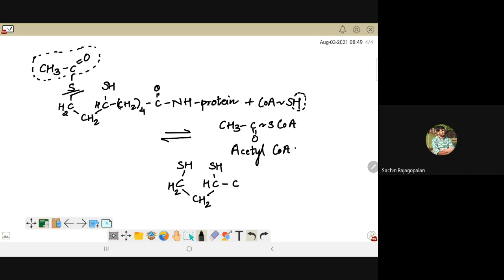Because earlier, if you remember, when you started, the lipoic acid had single sulfur atoms and there was a bond between them, right? But here you can see that it is the reduced form of the lipoic acid, right? So you have the reduced form of lipoic acid, which is left with you. Okay, so this is the reduced lipoic acid.